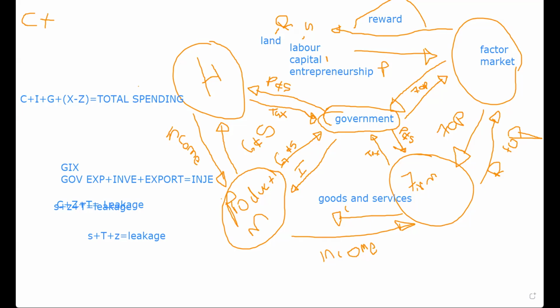Here they say, as far as the foreign sector is concerned, part of the domestic production is exported to other countries, while other goods and services are imported to satisfy domestic needs. So basically, after we produce goods and services, some of it we export to other countries.